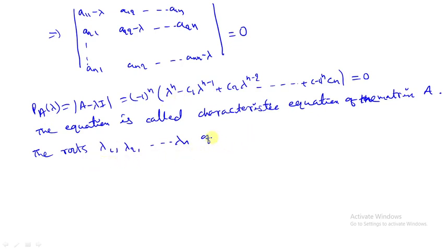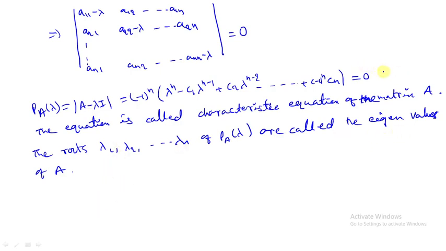These are called the roots of P_A of lambda. The roots of this polynomial are called the eigenvalues of A. These roots of the polynomial are the eigenvalues, and the equation is called the characteristic equation. Now, to find the roots, that are the eigenvalues.